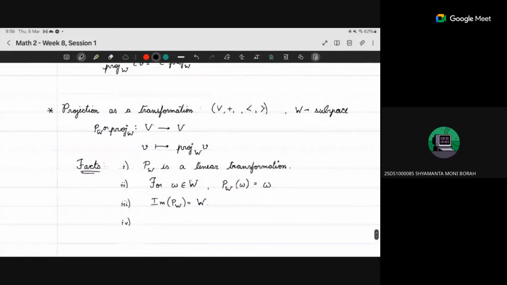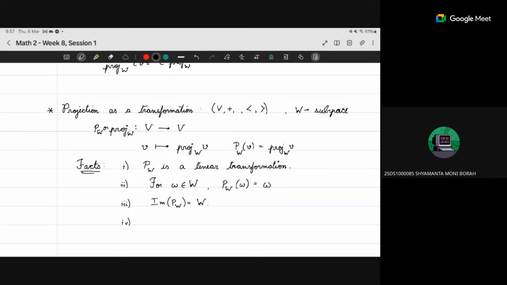Here I look at it as a map wherein the input is a vector and the output is the projection of that vector onto the given subspace. Instead of writing PROJ, you just write P of V onto W.